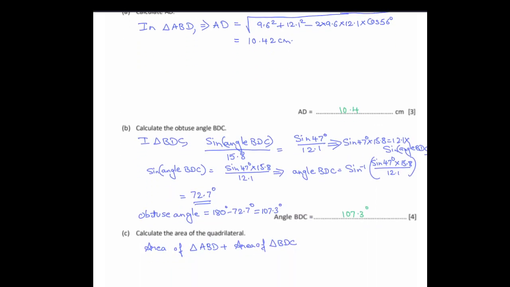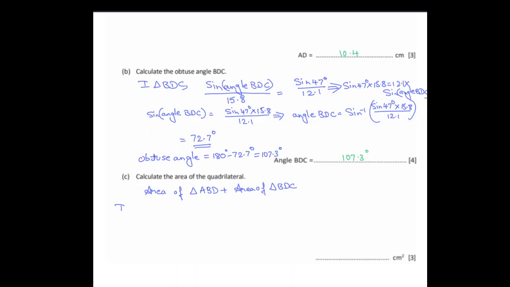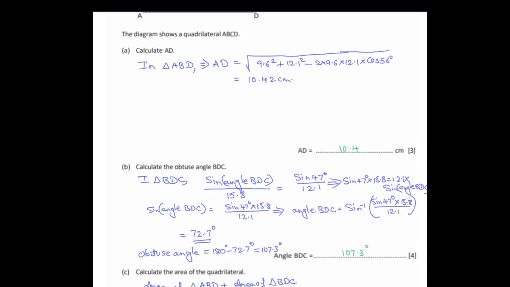So angle DBC in triangle BDC, angle DBC is equal to 180 minus, we got the obtuse angle as 107.3 plus the given angle is 47.